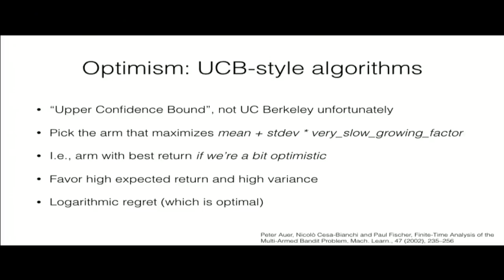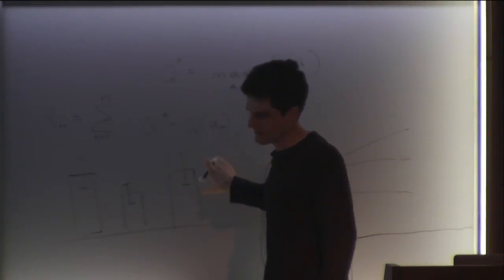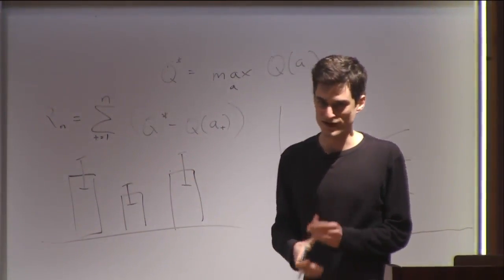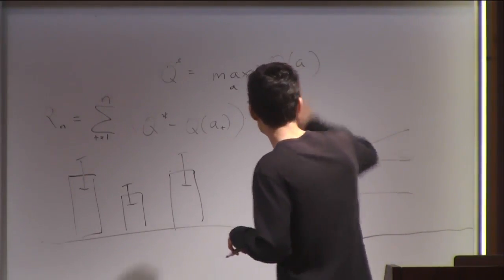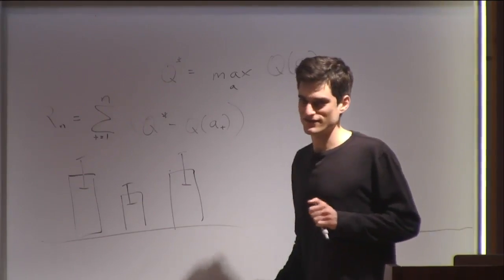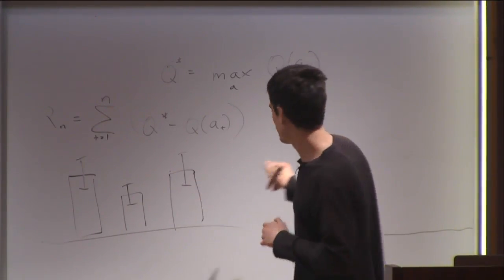Then ideally, we'd like to choose the actions that have a high mean and also a big error bar, because those ones might turn out to be good. So in the original UCB algorithm, it actually doesn't look at any kind of standard deviation of the returns.